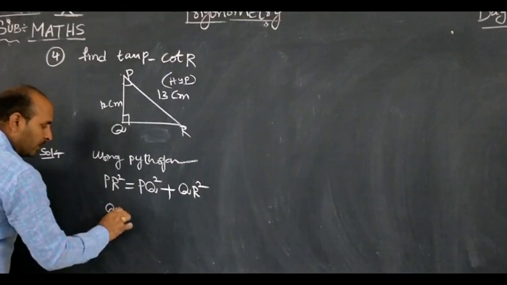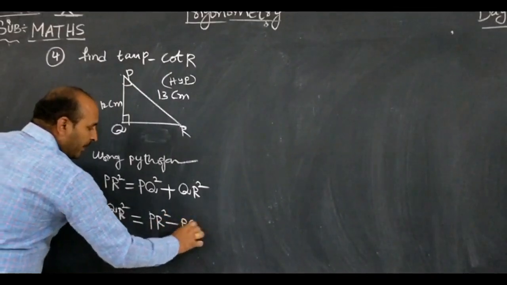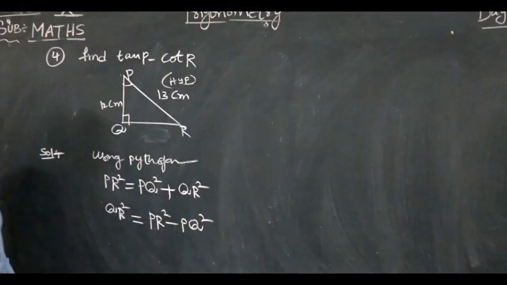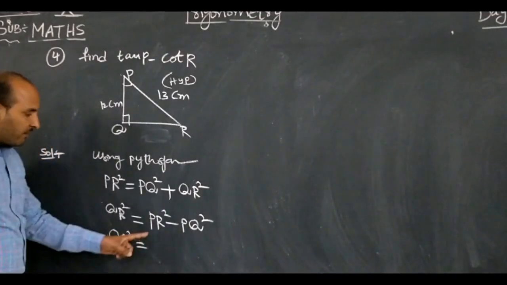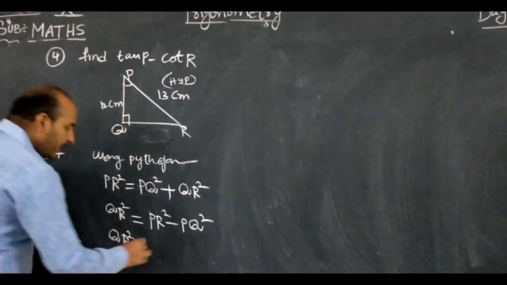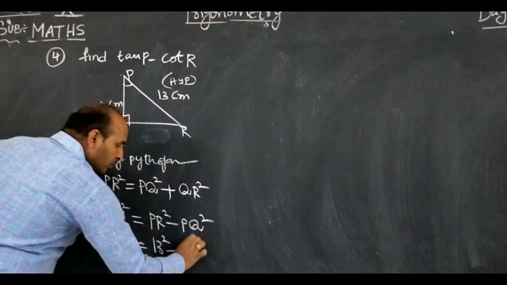But we have to find out QR square, which is equal to PR square minus PQ square. PR square value is 13 square, minus PQ square, PQ value is 12 square.